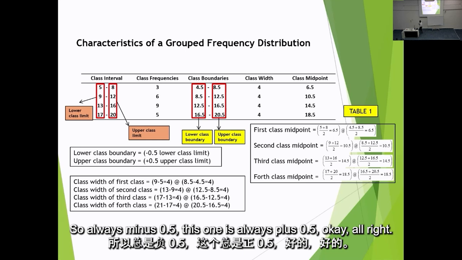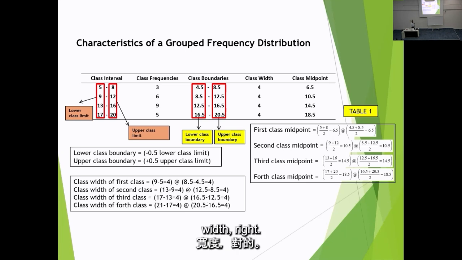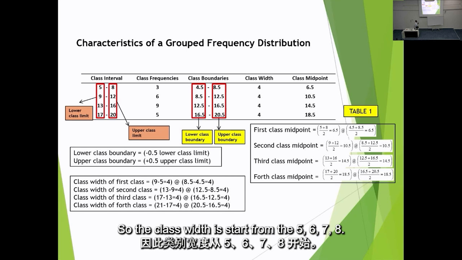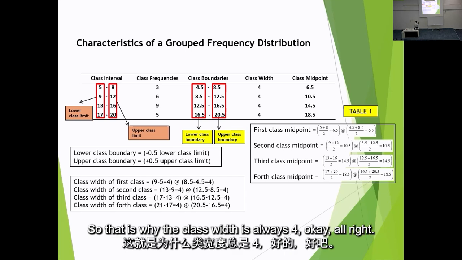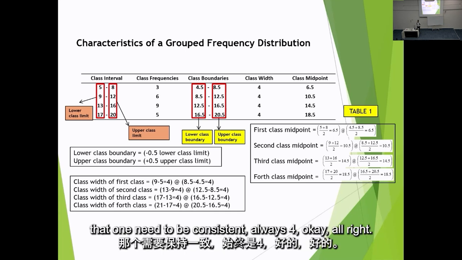What else do we have here? The lower class boundary, the upper class boundary, and then the class width. The class width goes 5, 6, 7, 8, so the class width is always 4. You see that the class intervals are different, but the class width is the same, because it needs to be consistent, always 4.